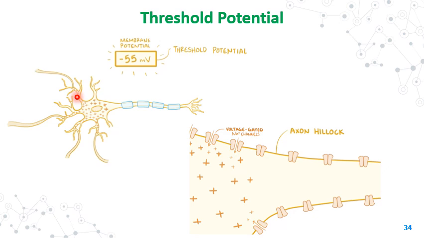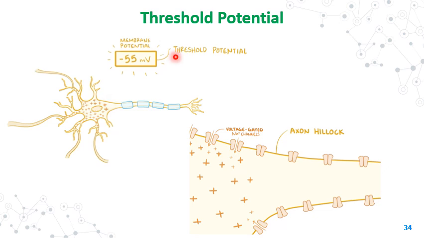So you are sending inputs to this neuron that is going to command moving of your foot. But until you reach enough depolarization at this area of your neuron called the axon hillock, very close to the axon, nothing is going to happen.